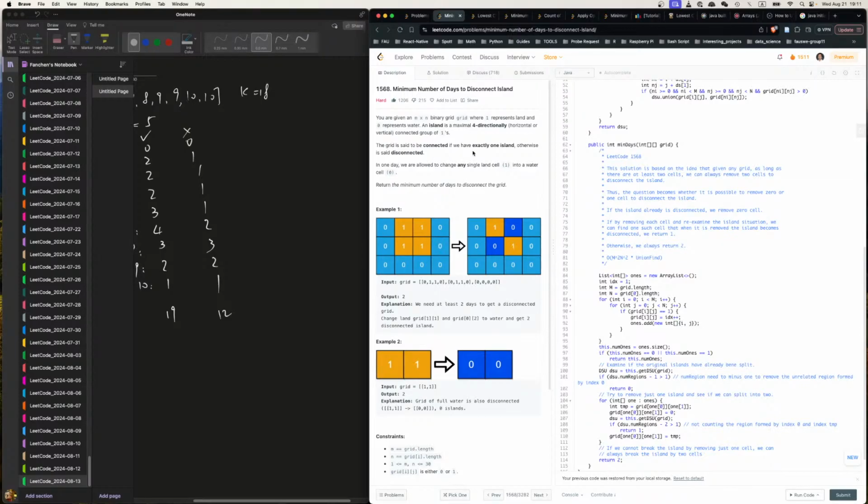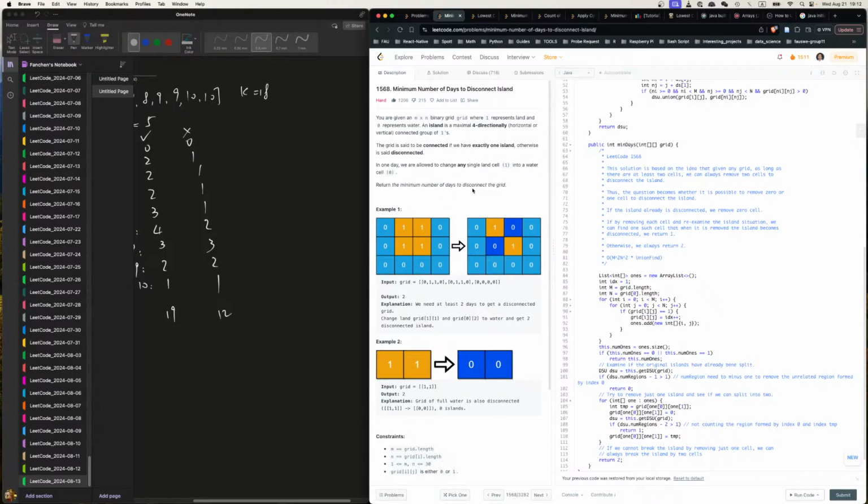Exactly one island. Minimum number of days to disconnect the grid.